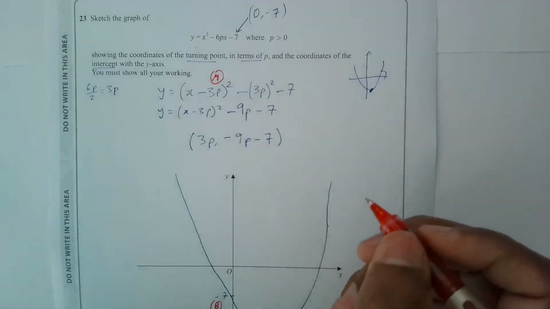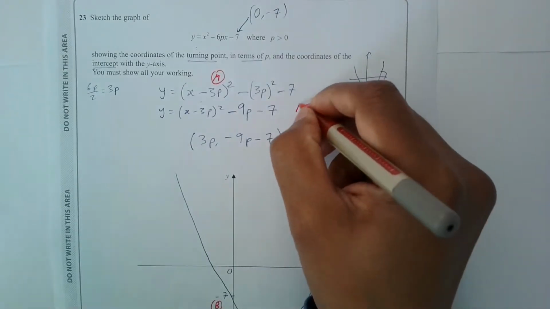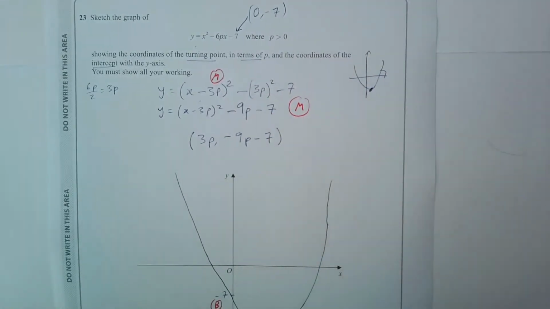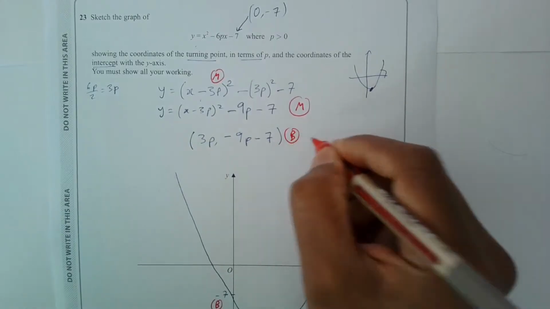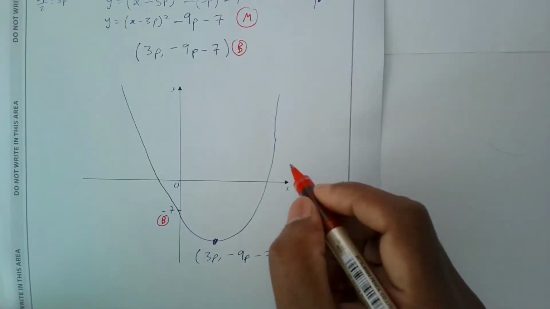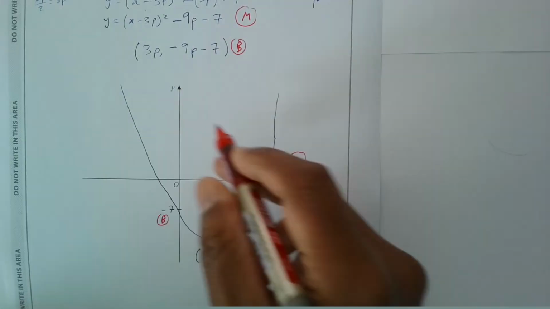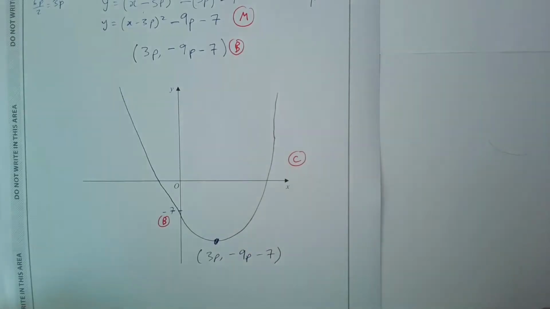The third mark is following through, going through completing the square. The fourth mark is actually finding the turning point. And the last mark is on our diagram, where we are labeling everything, so my y axis and my turning point.